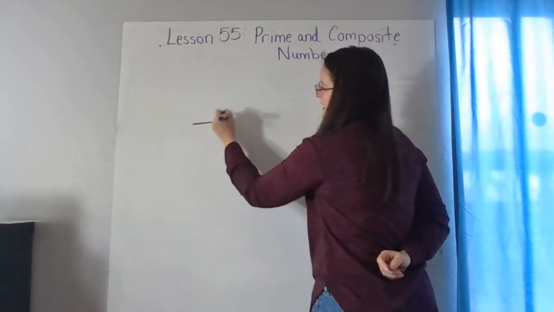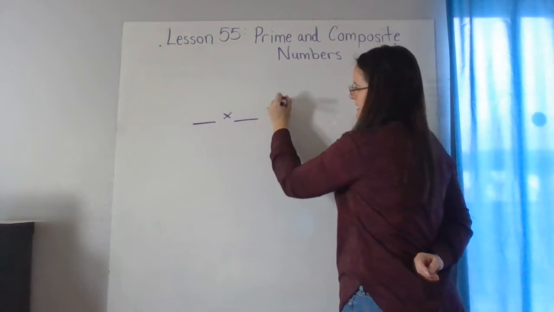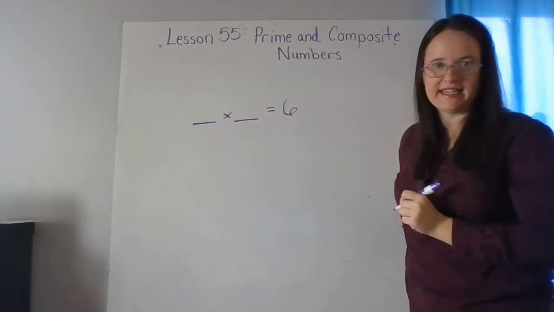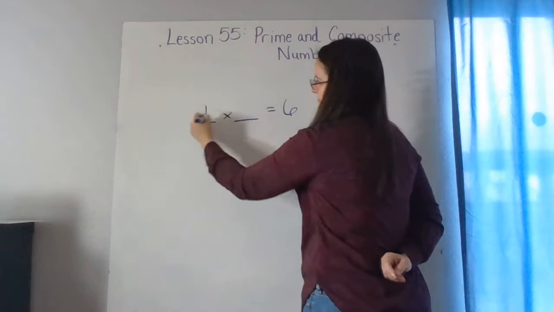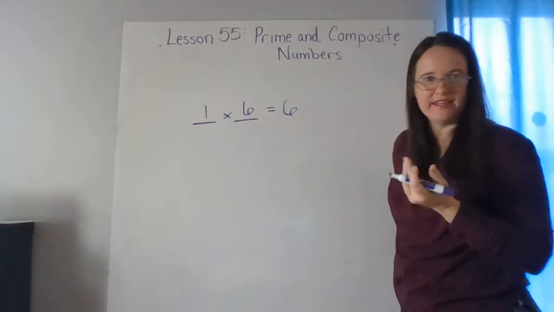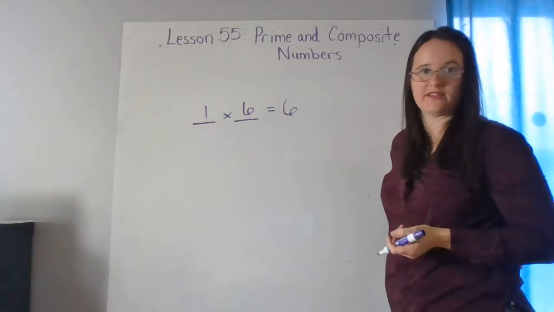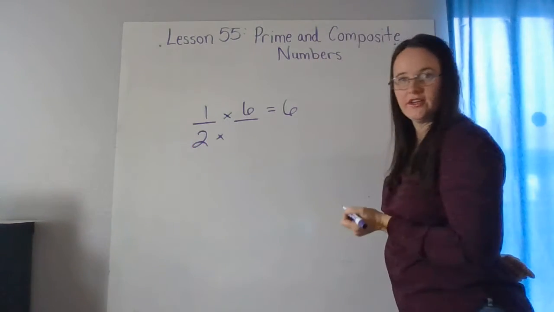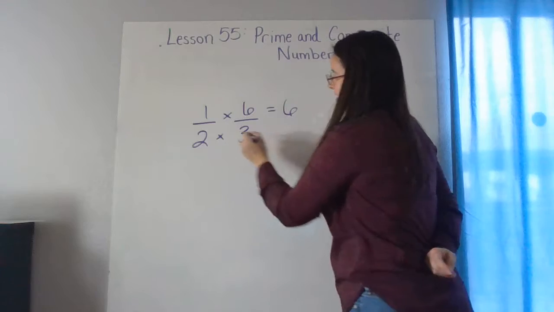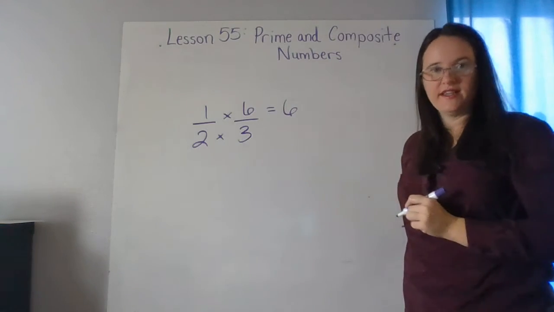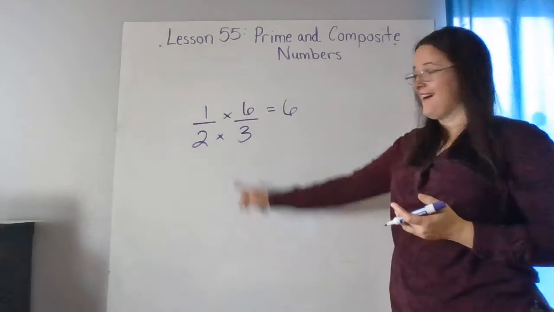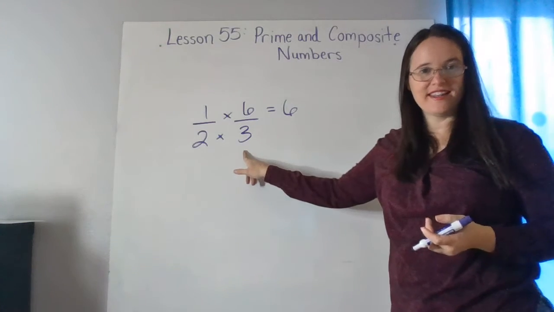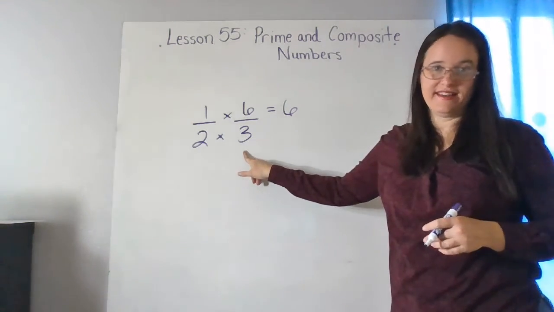So we're looking for what times what equals 6. Well, I always start with that one. It's the easiest. 1 times 6 is going to equal 6. What about 2? 2 times 3 is going to equal 6. What about 3? Hey, I've already got it there, so I don't need to list it again.